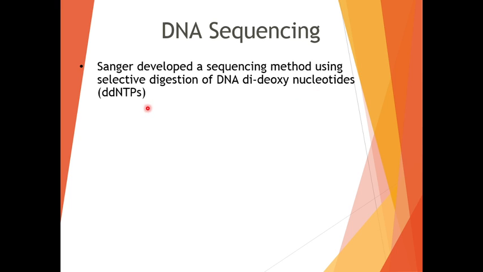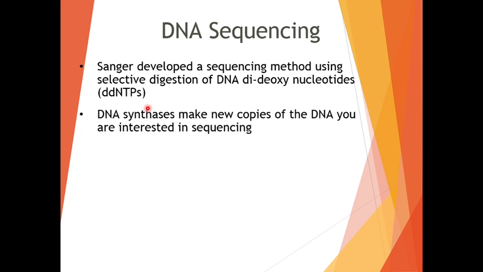They're called ddNTPs, and I'll tell you in the next slide what they are. DNA synthases are enzymes that make new copies of DNA, and for sequencing purposes, DNA synthase can be used to make new copies of DNA that you are interested in sequencing.